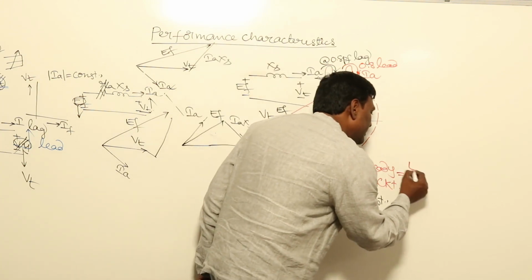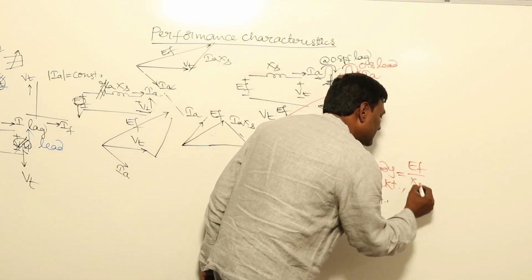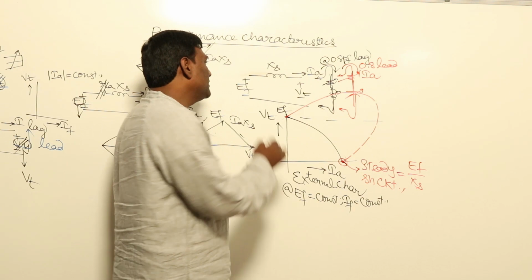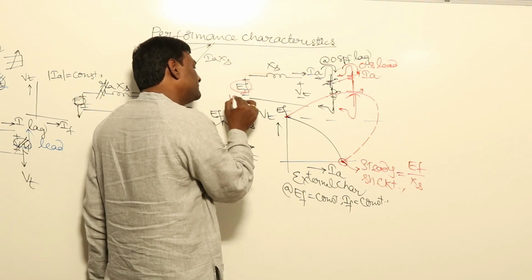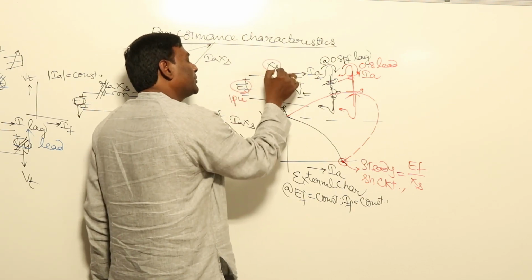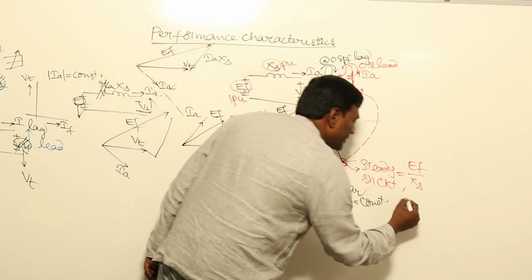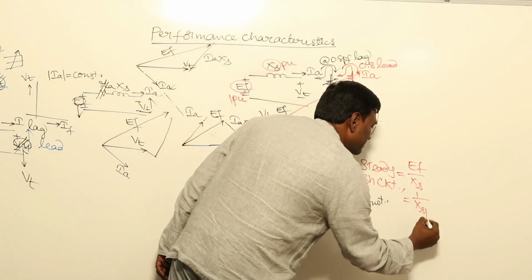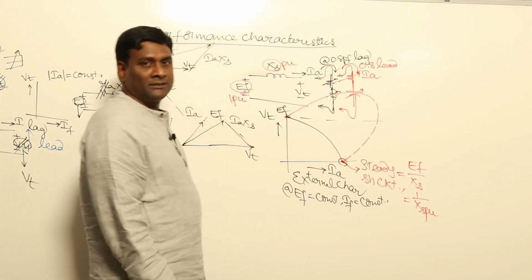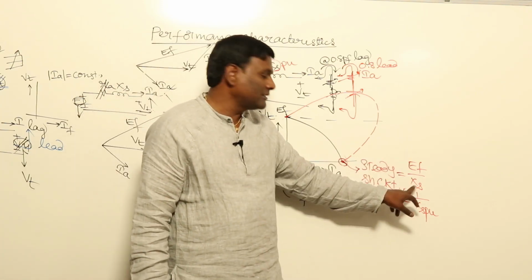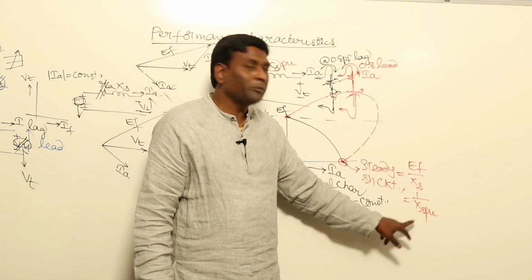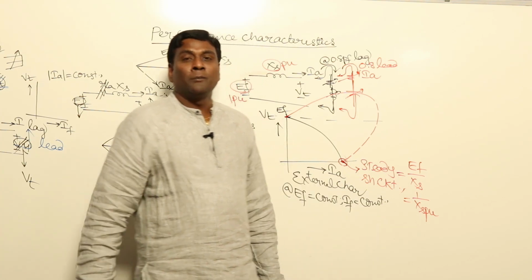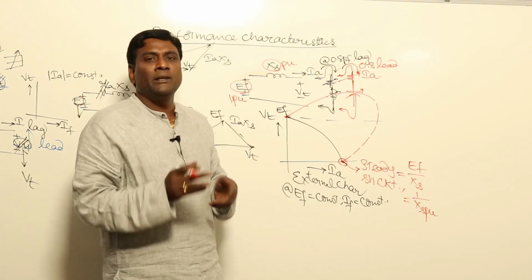For example, if EF is 1 per unit, rated voltage, then this is going to be 1 by XS per unit. Rated voltage 1, XS per unit, so 1 by XS per unit. In power system fault analysis, there are Thevenin's equivalent and many things.